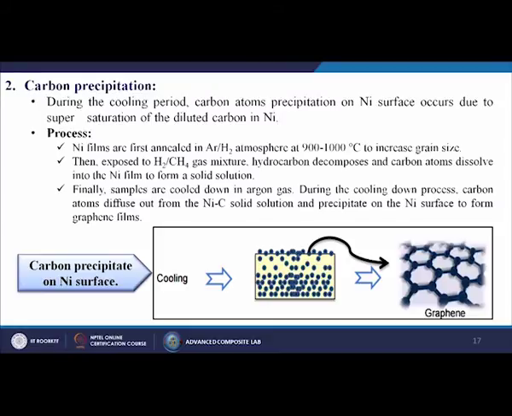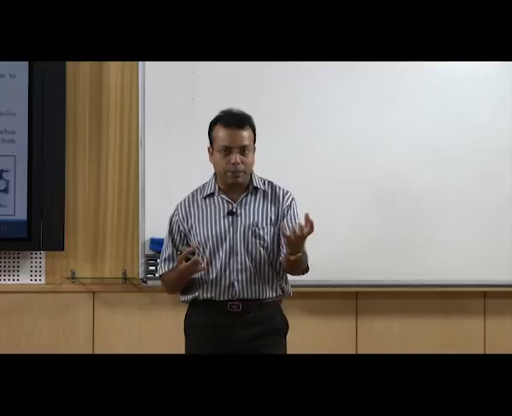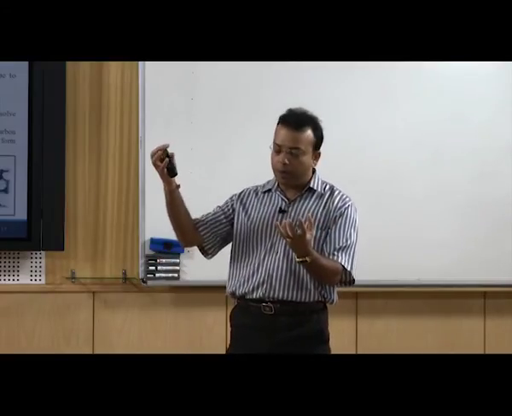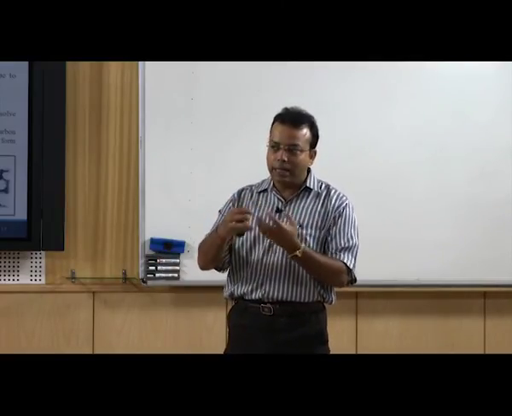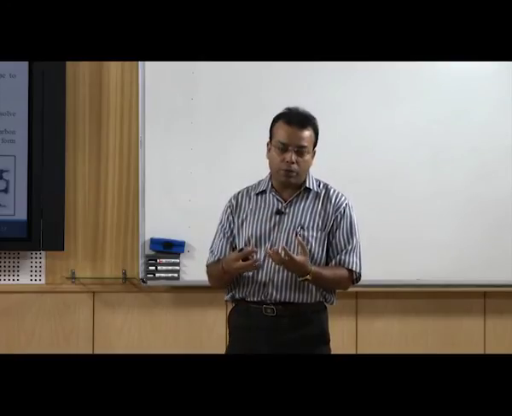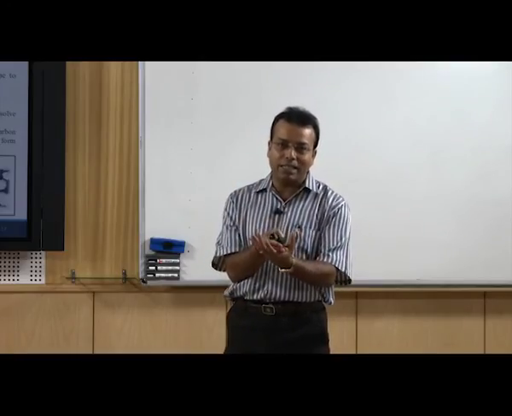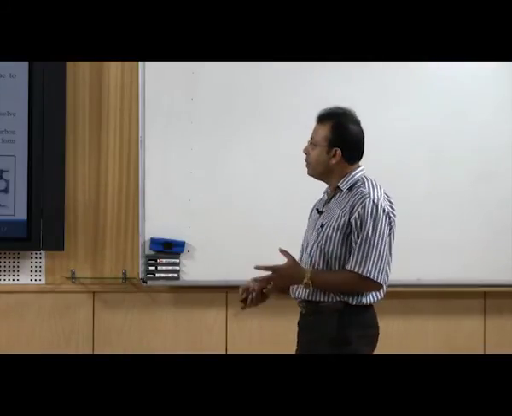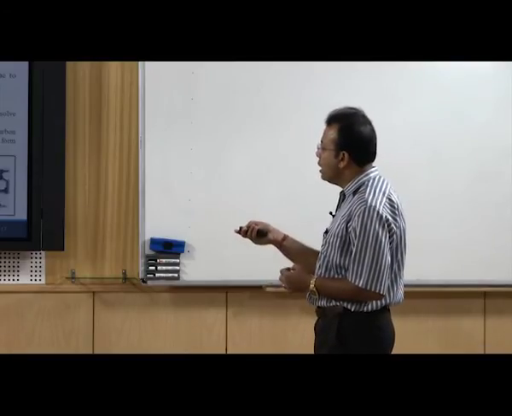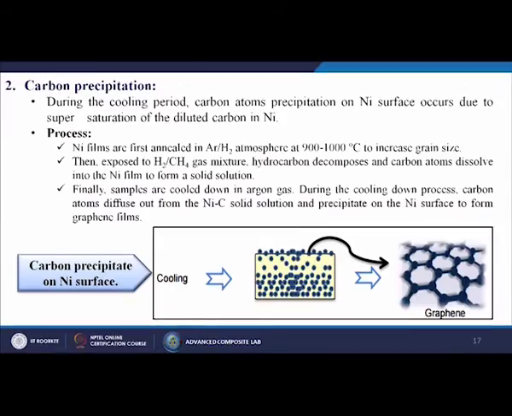So, actually first we take the nickel substrate, then we purge the methane gas, then carbon atoms form and go inside the nickel material. When we cool that material, the nickel carbon solid solution releases carbon, and the graphene is deposited onto the nickel surface itself.